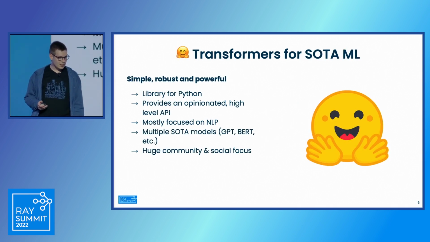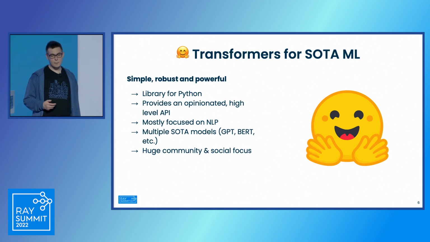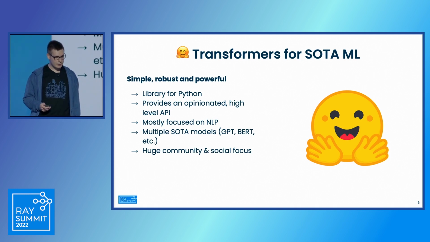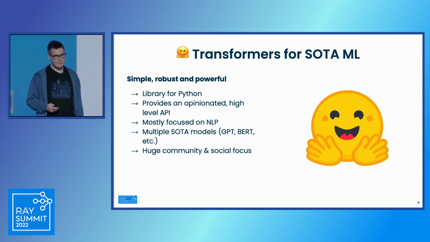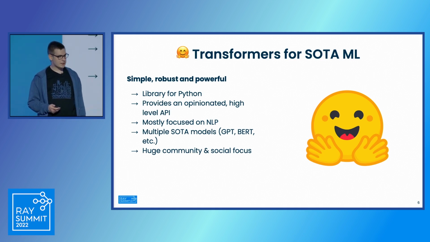So Hugging Face Transformers is a library for easy use of state-of-the-art machine learning. It is simple, robust, and powerful. It is a library for Python which provides an opinionated, high-level API wrapping around libraries such as PyTorch, TensorFlow, and JAX. It is mostly focused on natural language processing, though there has been work on computer vision, audio processing, and other modules such as that.